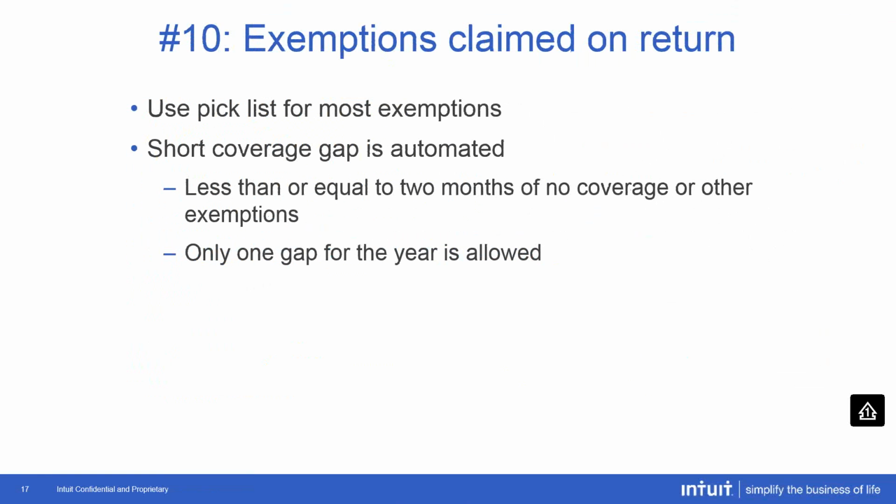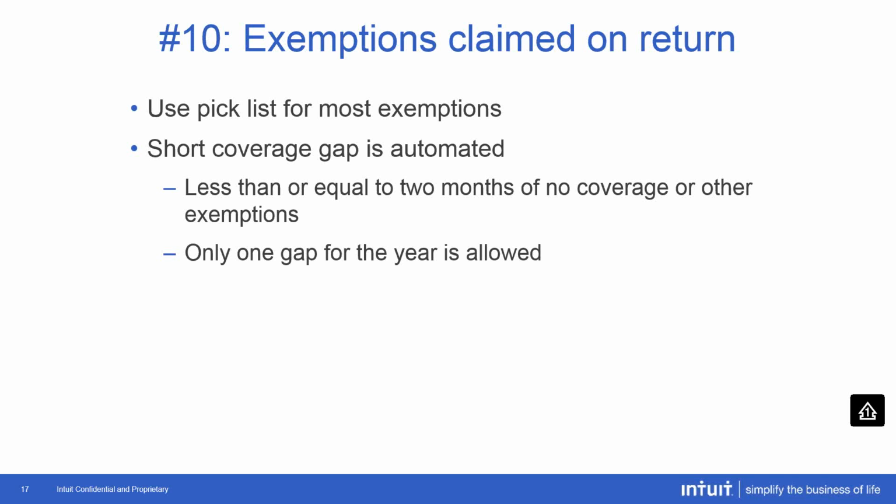Okay, our last scenario here is use case number 10. We have exemptions claimed on the return. You're going to use a pick list for most of these exemptions. The short coverage gap exemption is automated. That's where you have less than or equal to 2 months of no coverage or other exemptions.